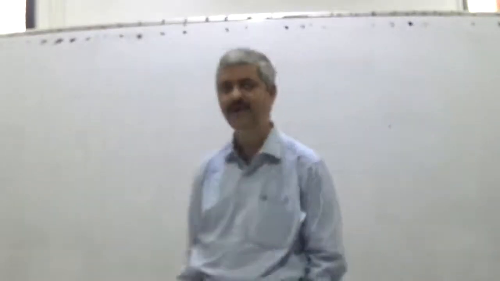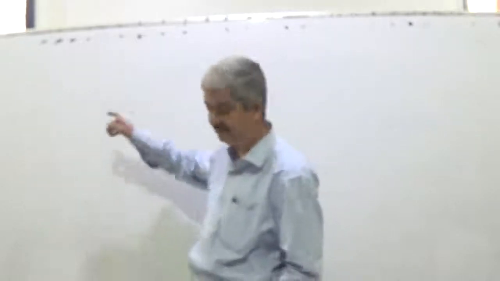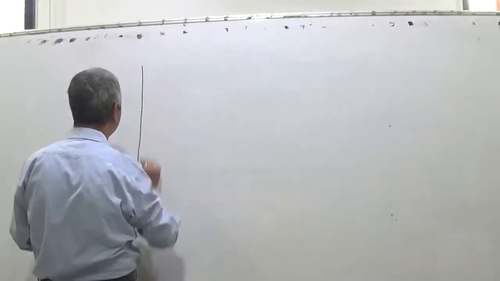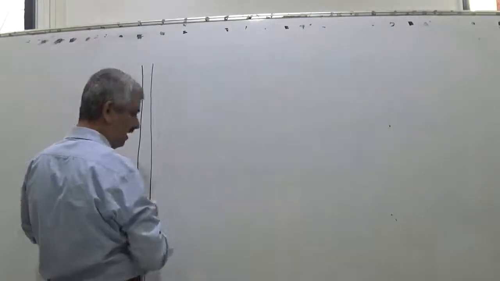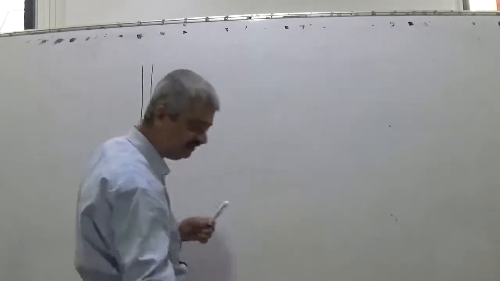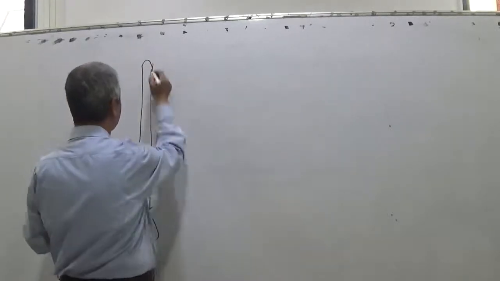At 8 a.m. the work starts, and every half an hour you are supposed to record the temperature. There is a thermometer. Let us be in the old world where a thermometer is something like this. The mercury is there. I am specifically giving these examples because the concept must be clear.